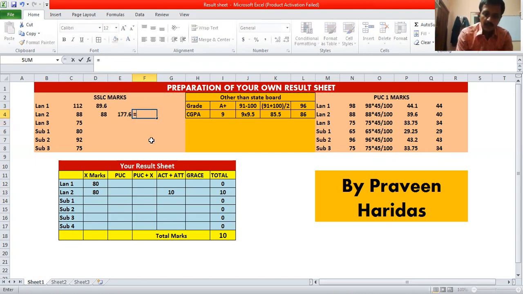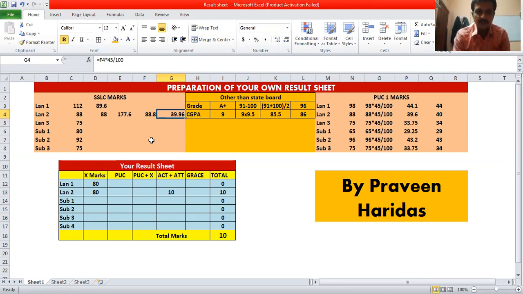Now, converting it into one subject by dividing it by 2, the average marks of the languages will be converted into 45 marks by multiplying it with 45 and dividing it by 100. So that gives me 39.96, which means it is 40. This 40 will be entered as your language 1 and language 2 marks based on your 10th marks.